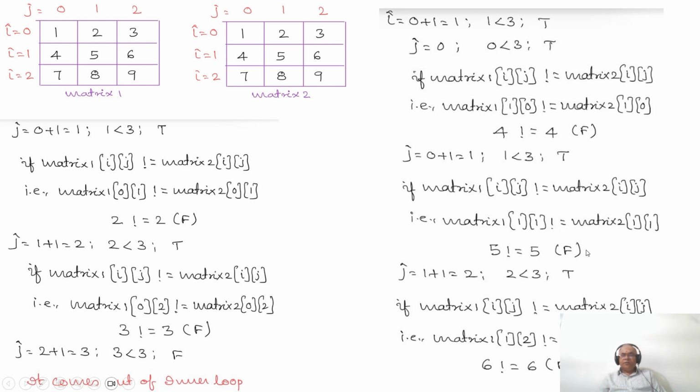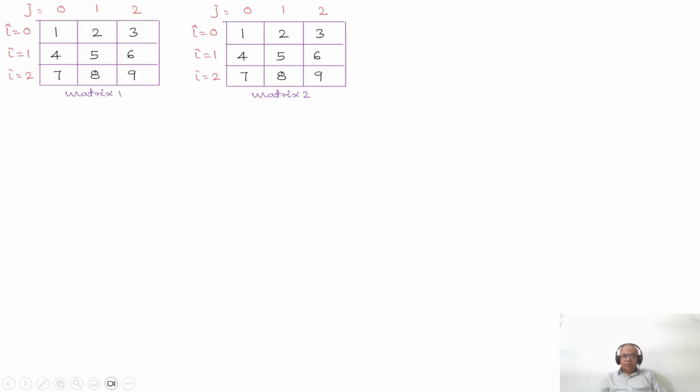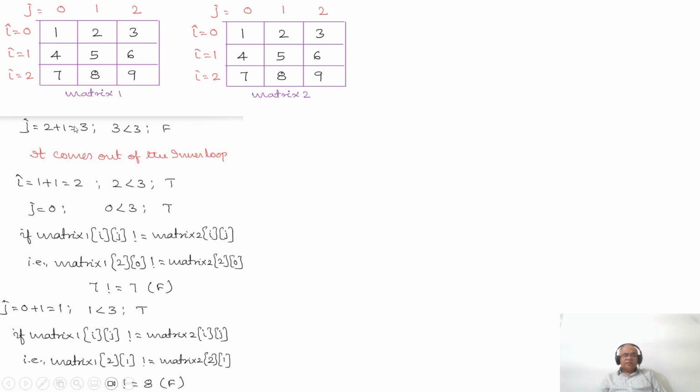So 5 is not equal to 5, condition becomes false. Then j is incremented to 2. So that means 1 comma 2, it is 6. 6 is not equal to 6, condition becomes false. Then you have j is equal to 2 plus 1, it becomes 3, 3 is less than 3, correct? 1, 3 is not there, so it comes out of the inner loop.